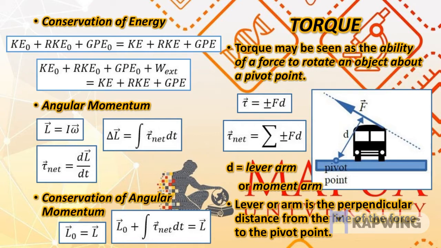Torque is equal to plus minus Fd, where d is called the lever arm or moment arm of the force. It is the perpendicular distance from the line of the force to the pivot point. And net torque is the summation of the individual torques applied or experienced by the object.